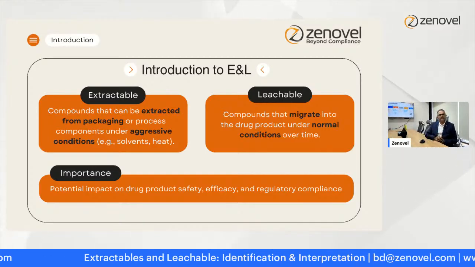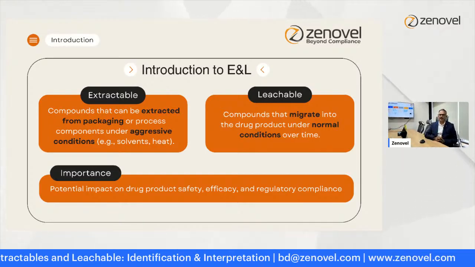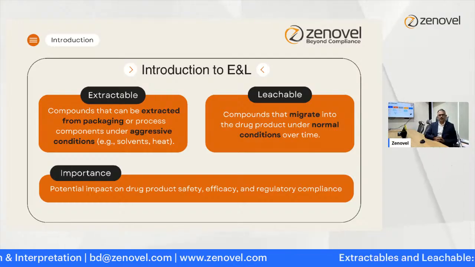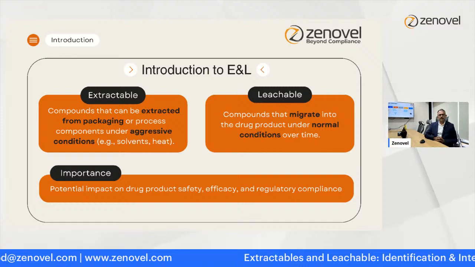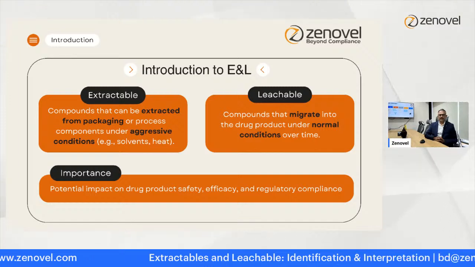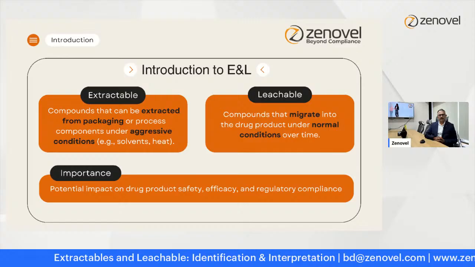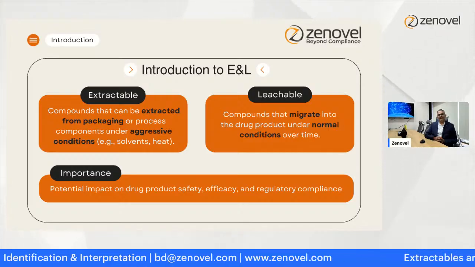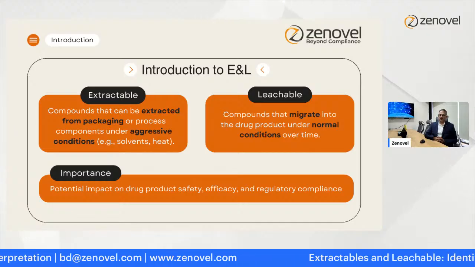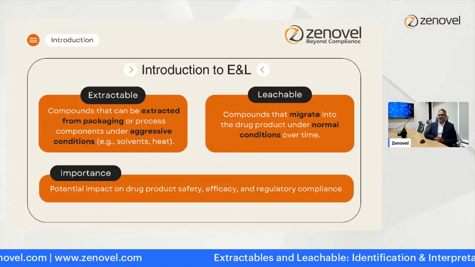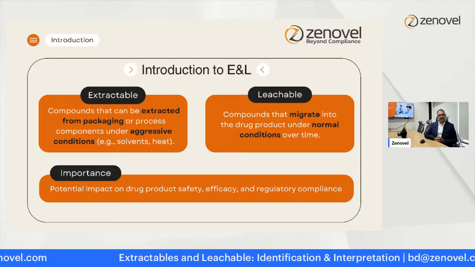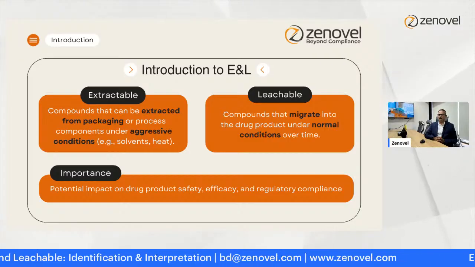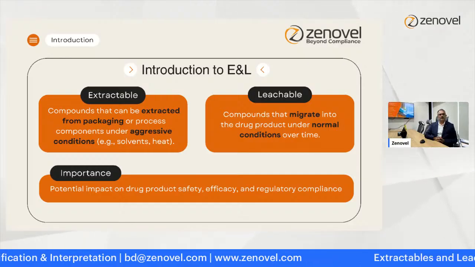So let's start with the introduction about extractables and leachables. What are extractables and leachables? When we talk about extractables, they are the compounds that can be extracted from the packaging or process components using aggressive conditions. It means we have to apply extra rigorous conditions during the extraction for the evaluation of extractables. Whereas for leachables, generally we have to mimic conditions such as the drug life cycle.